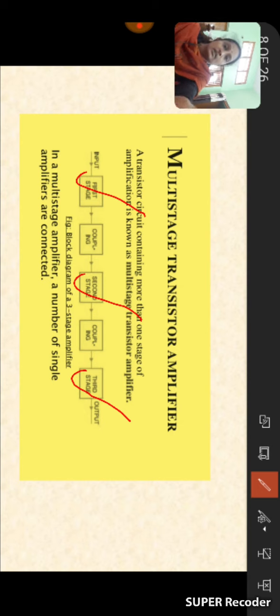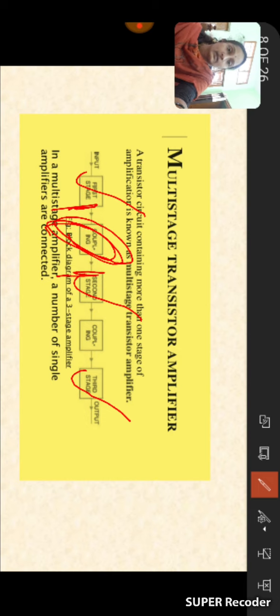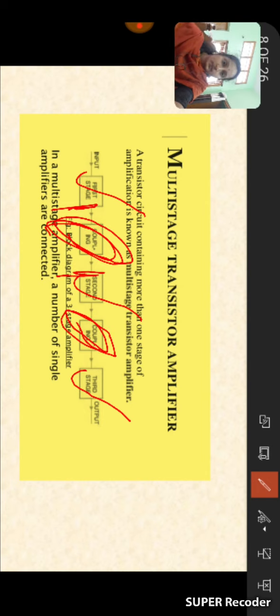And to connect the output of the first stage to the input of the next stage, one block is used. What is the name of that block? Coupling. And connecting the second stage output to the third stage, again we are using one block, that is also called coupling. So in this way, the output of an amplifier is connected to the input of the next amplifier through a resistor, capacitor or transformer.